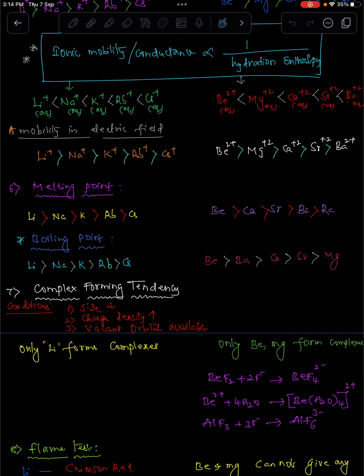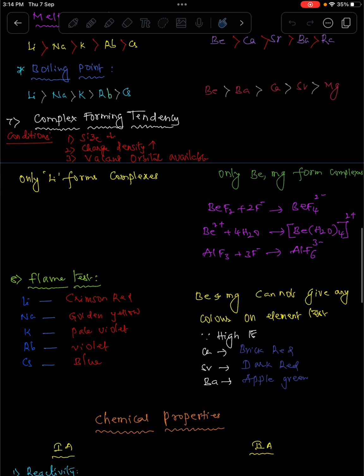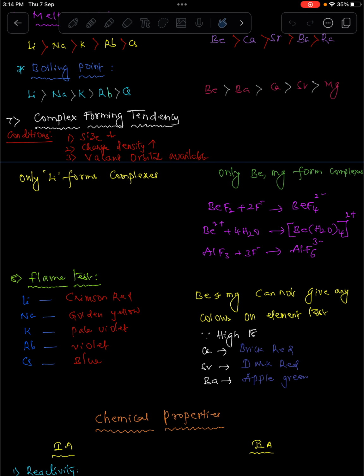Next, complex forming tendency. So generally, the elements whose size is small and charge density is more can form complexes. And the elements which have vacant orbitals can also form complex compounds. So to form complex compounds, these three conditions are very, very important, right?